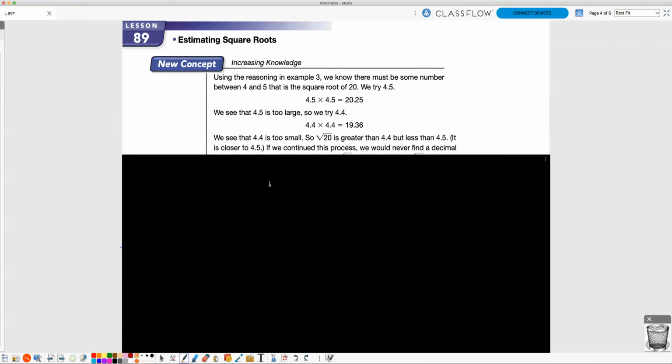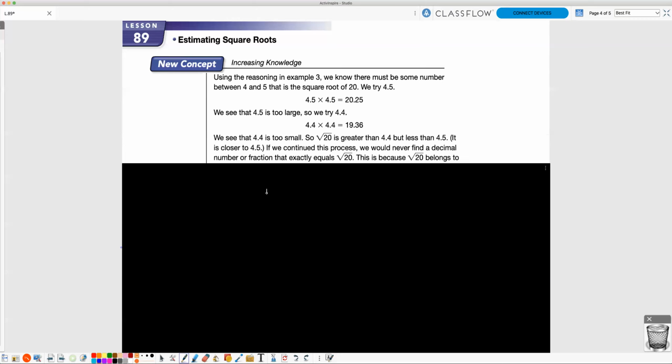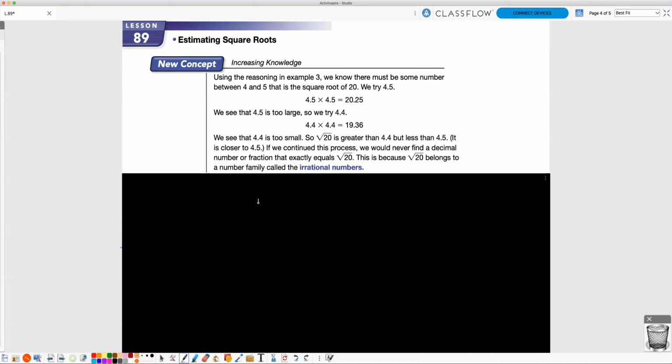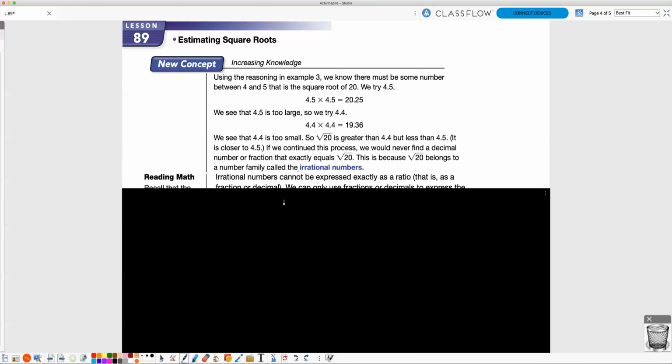If we continue this process, we would never find a decimal number or fraction that's exactly equal to the square root of 20. This is because the square root of 20 belongs to a number family called the irrational numbers. Irrational numbers cannot be expressed exactly as a ratio, that is, a fraction or a decimal.